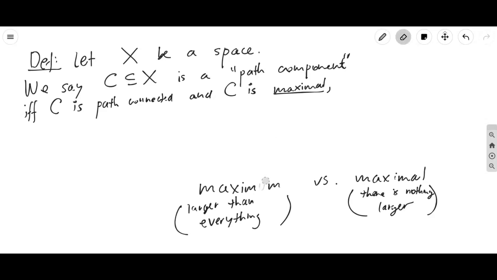Now, at first you would think that these mean the same thing, but let's look at a particular example. Let's say that X is a discrete space, and it contains just two elements, 1 and 2. Well, maybe that's not the best example.